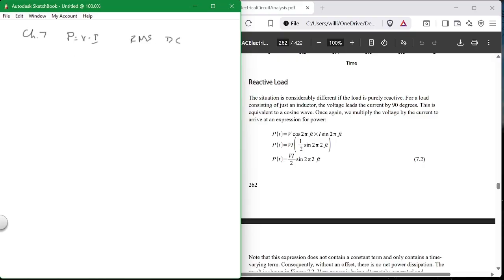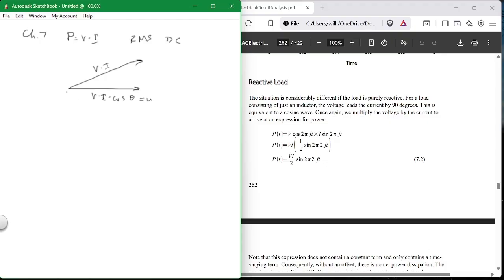In a phase shift environment, you have an AC voltage and current, but there's a phase shift, right? Everybody agree with that? The power you get out is V times I times cosine of the angle theta in between the two. What you put into it is V times I.